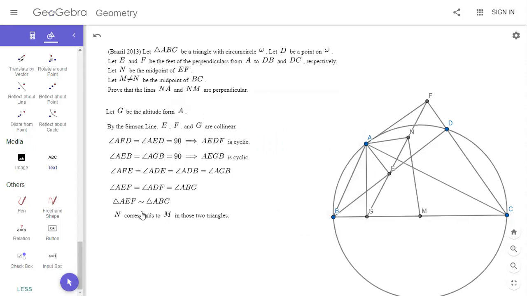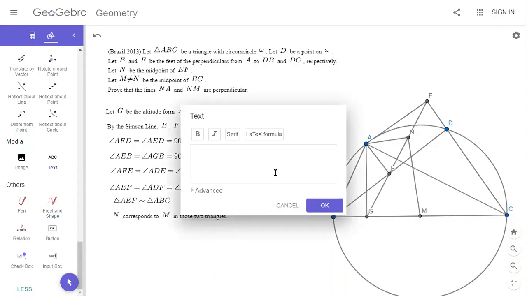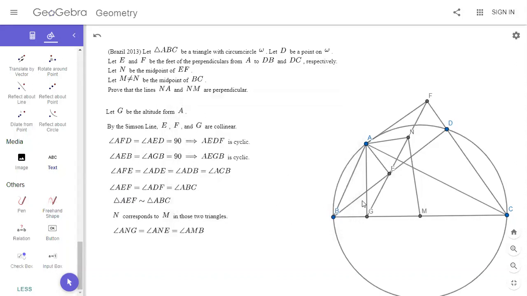That means angle ANG, or angle ANE, is equal to angle AMB, because N and M are corresponding points in those 2 triangles.